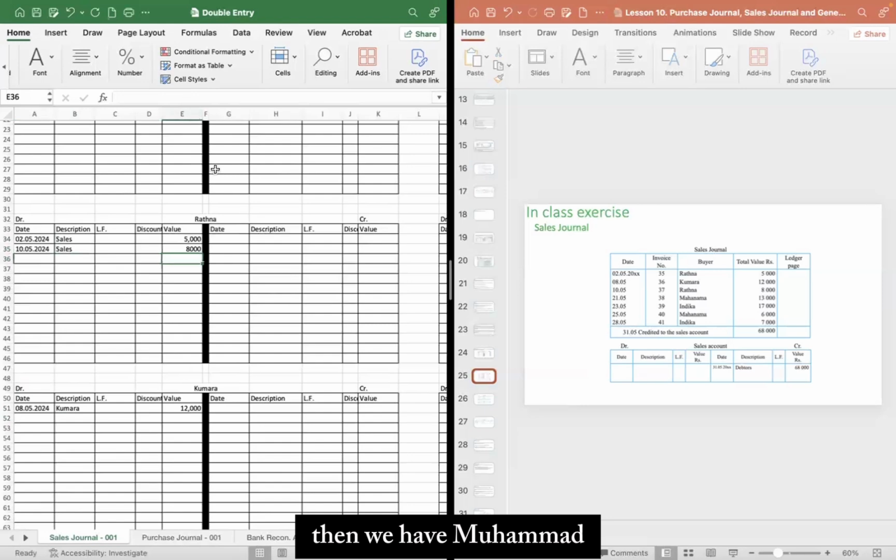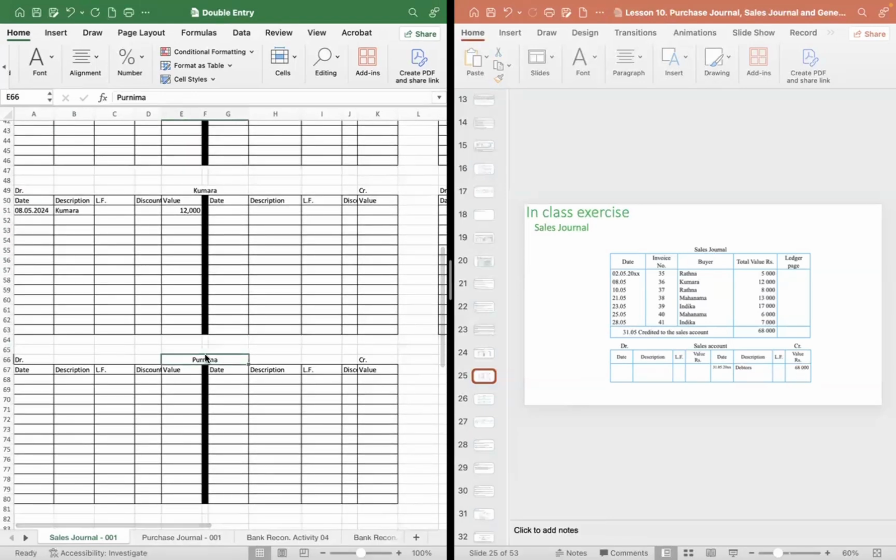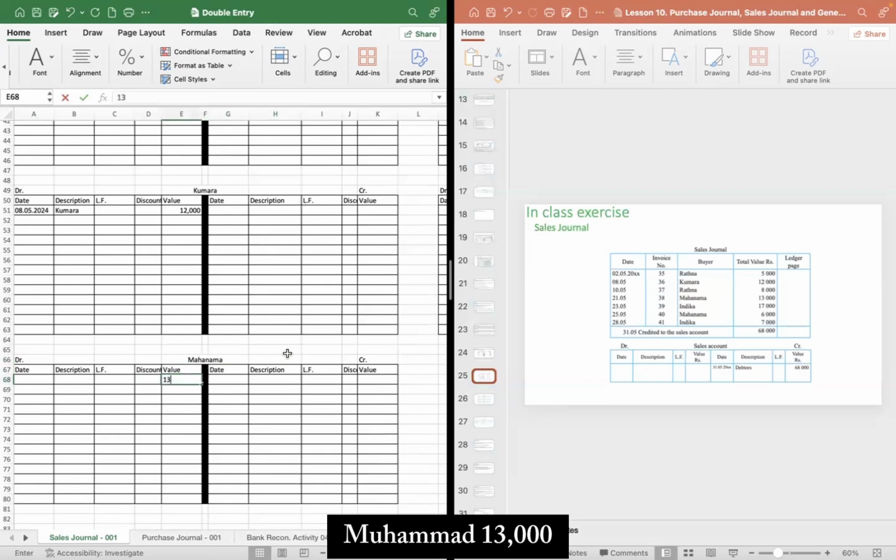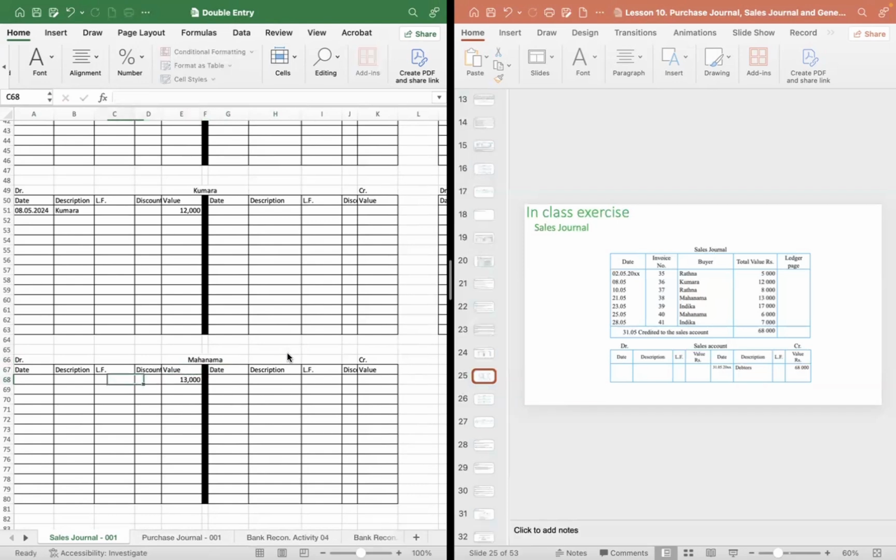Then we have Mahanama, a new debtor. Mahanama 13,000.